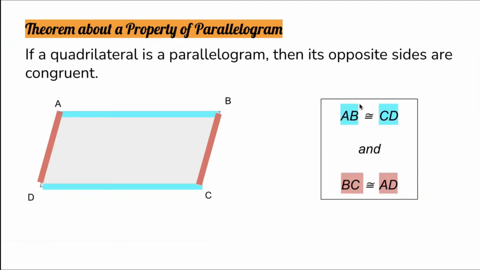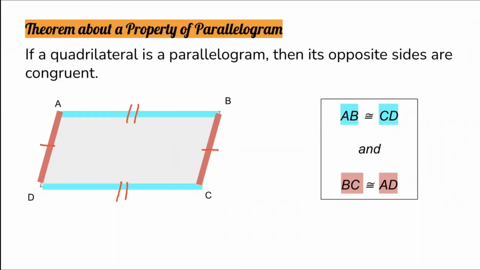So I just constructed a parallelogram, and the tool allowed us to see that yes, they are indeed congruent to each other. In this particular parallelogram, segment BC is congruent to AD, and segment AB is congruent to CD.